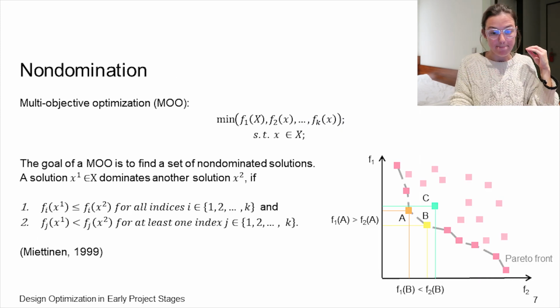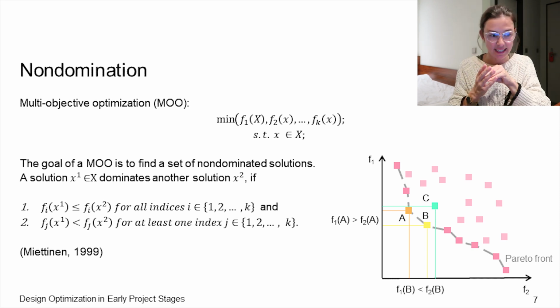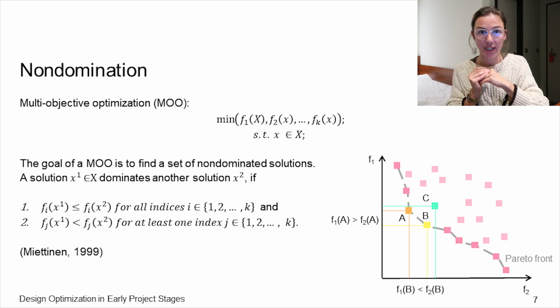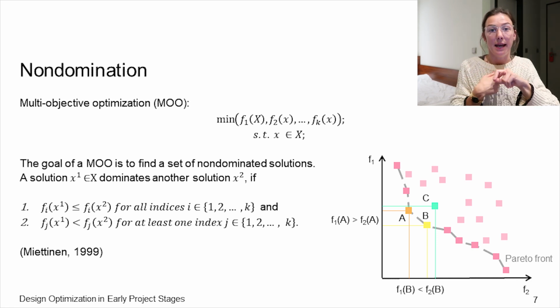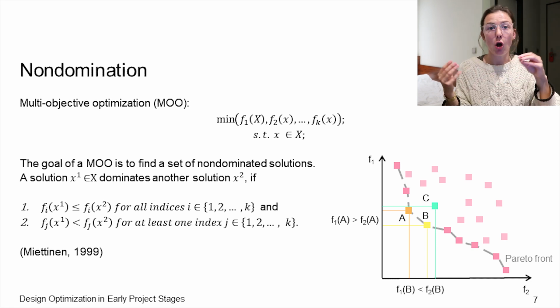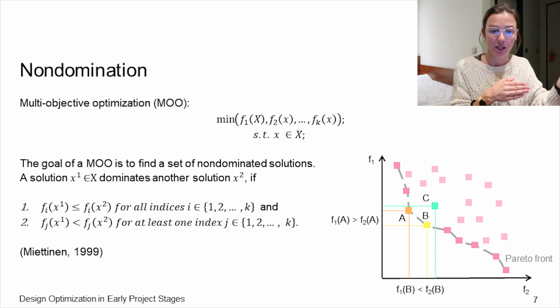And this is especially important in design because we are most of the time dealing with multi-objective optimization problems. That means we have multiple, often contradicting design goals or objectives.